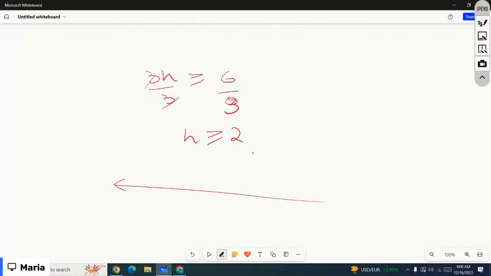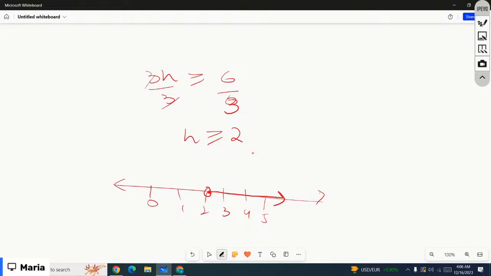How do we graph them? The graph must include all the numbers that are greater than 2. So here you have 0, 1, 2, 3, 4 and so on. Here is 2, you have to start from 2, and because all the numbers are greater than 2, the arrow must point to the right-hand side.